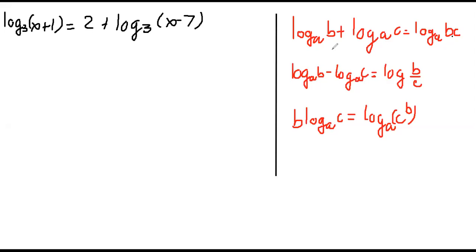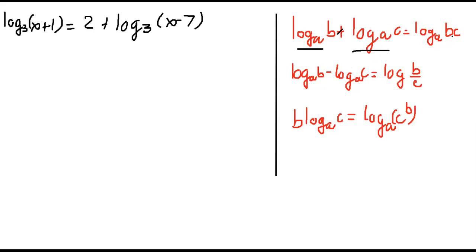On my right screen, written in red, I have written down for you the properties of logarithmic equations. First of all, I call it the product rule. If you have logs with the same base, log base A, and it's an addition, then the result will be the product of the two logs.